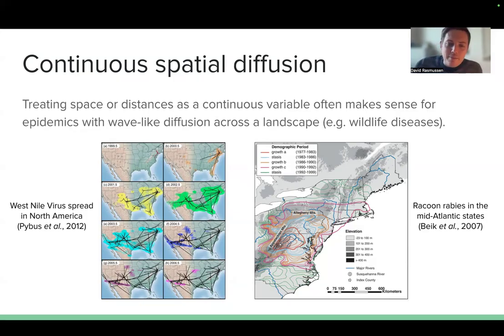In some cases, someone getting on a plane and going from New York to Paris is more or less instantaneous movement of a virus between those two locations. But if movement between different locations is much slower and occurs on a much longer scale because the hosts move across a landscape in a much slower manner, then it might make sense to think about the spatial movement of these pathogens as more of a diffusive process, where the host physically has to move through the landscape.